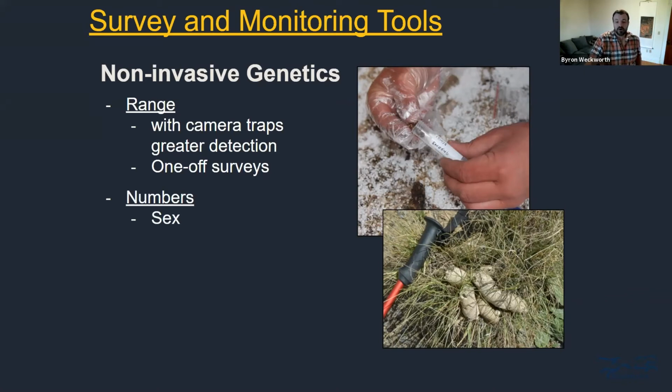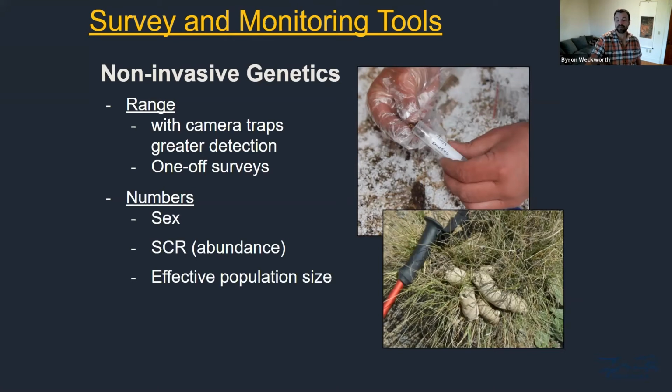So in addition to getting, all right, there's a snow leopard here, yes or no, presence, you can also get at sex. We can use molecular methods to sex where the sample came from. It's pretty difficult in most cases with cameras. We can do spatial recapture estimates of abundance with your individual detections from the genetic methods.